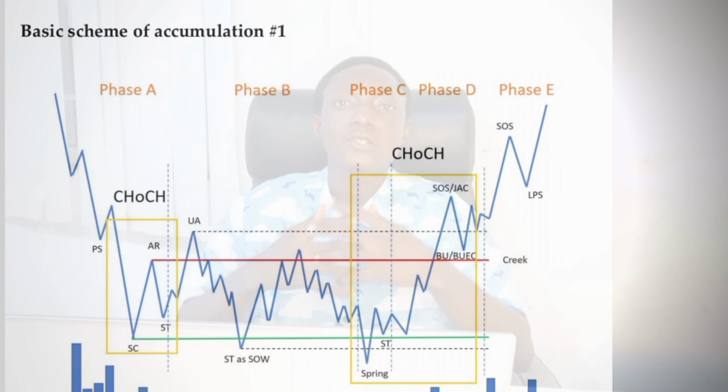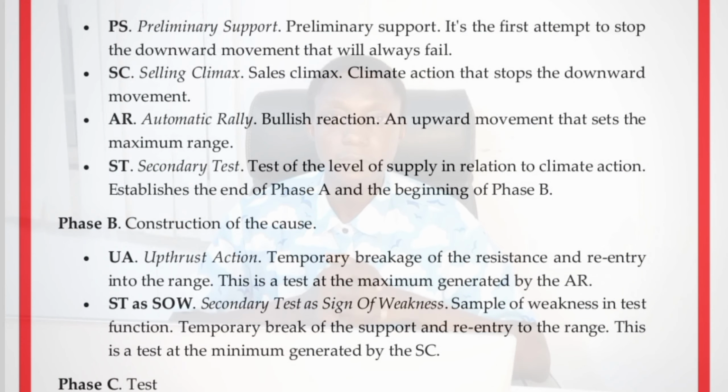These 10 factors are in phases A to E. Right now we are going to delve into the meaning and operations of these factors, how they function, and what they are actually doing for you in the market. Let's go. PS, for accumulation, simply means the first attempt to stop the downward movement, which always fails.